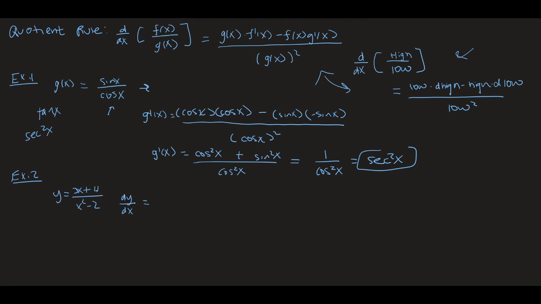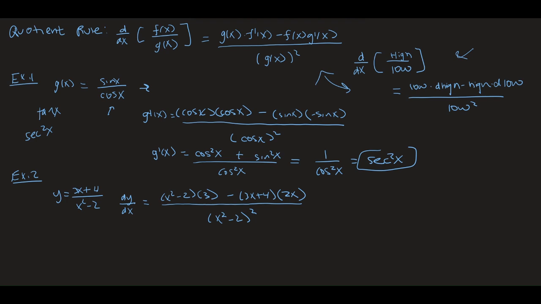So we have low times the derivative of the top, which would just be 3, minus high, 3x plus 4, times the derivative of the bottom, which would be 2x. And then we go ahead and just set that all over low squared. So x squared minus 2 squared.